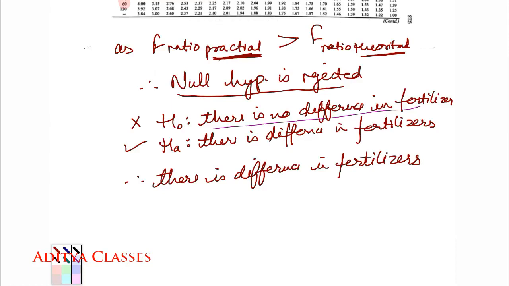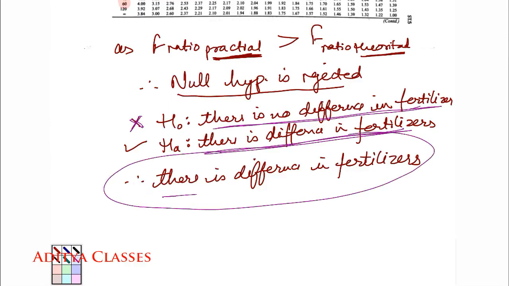In other words, there is no difference in fertilizers, there is no difference in drugs, there is no difference in training. So in our case, it was between fertilizers. So I said there is no difference between different fertilizers. But because this null hypothesis got rejected, I was pushed on to accepting alternate. This was there is a difference in fertilizers. So my analysis of this research is that there is a difference in fertilizers.